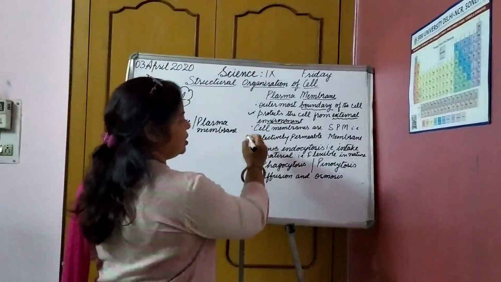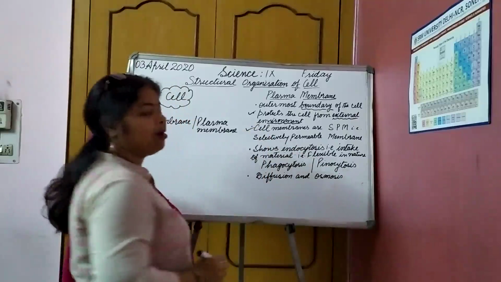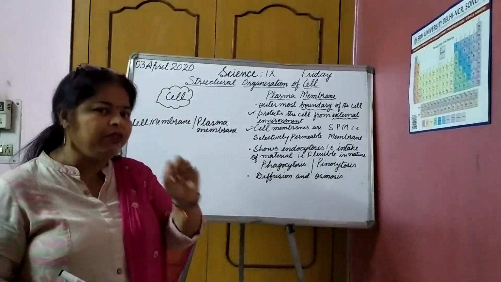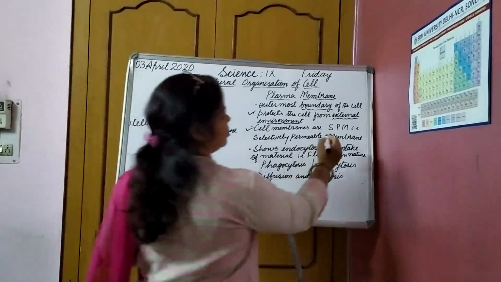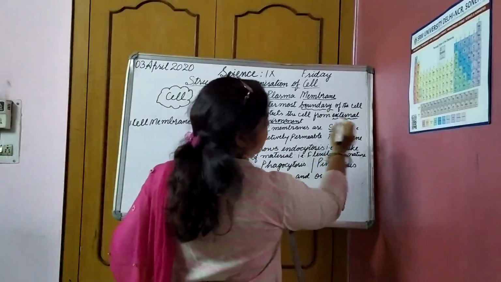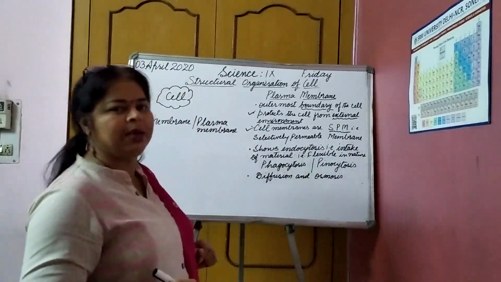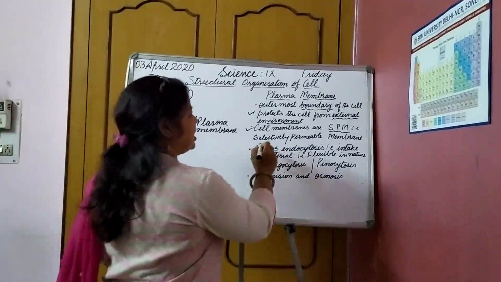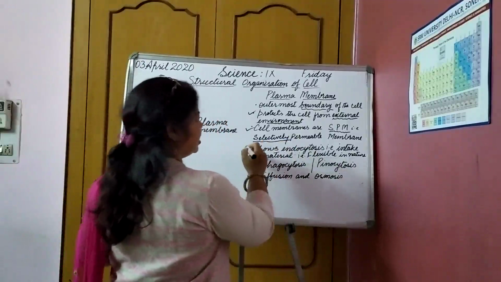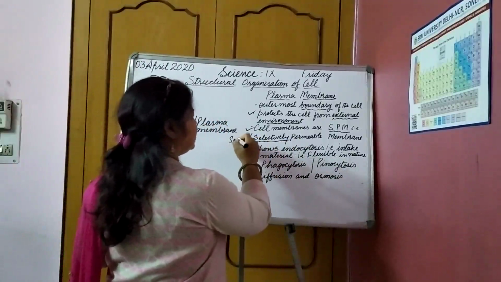Then, next is that cell membranes are SPM. A very, very important notation. What do you mean by SPM? The S stands for selectively, or we say semi.